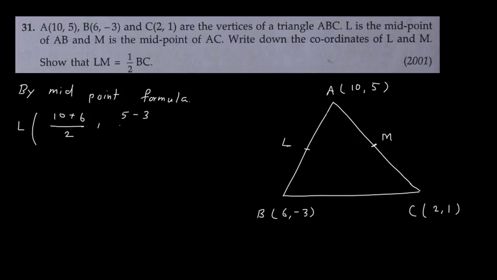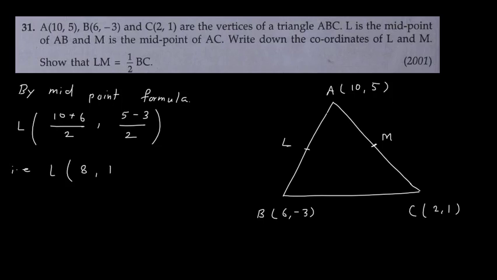So this is equal to, by midpoint formula, L will become 10 plus 6, 16 divided by 2 is 8, comma 5 minus 3 is 2, 2 divided by 2 is 1.